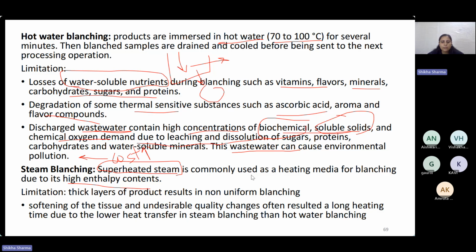If the product layer is very thick, steam cannot penetrate and there will be non-uniform blanching, and sometimes softening of tissue, which is an undesirable quality change. It also results in long heating time. So it is not good in some cases.